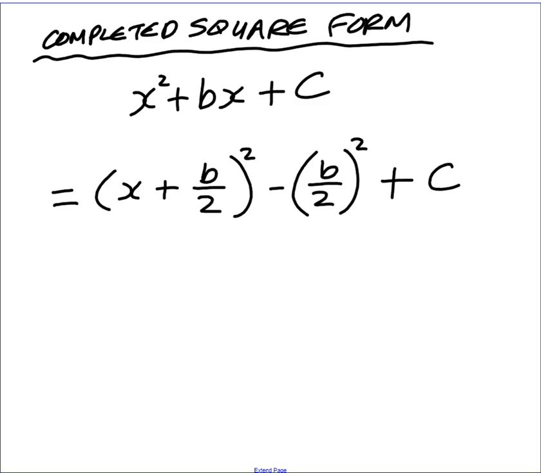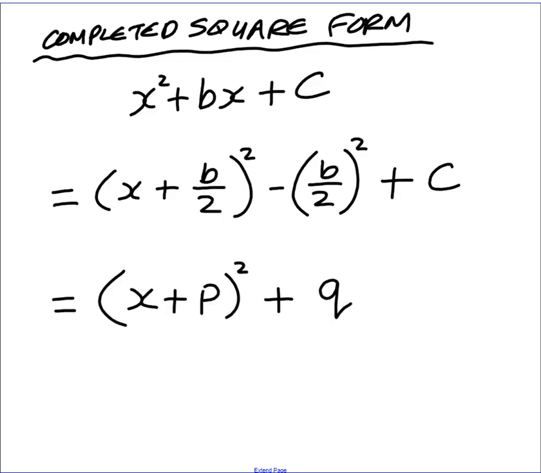So that actually is a completed square form. Sometimes they like to show you another format, but we are going to have numbers, so realistically it will be this for us.